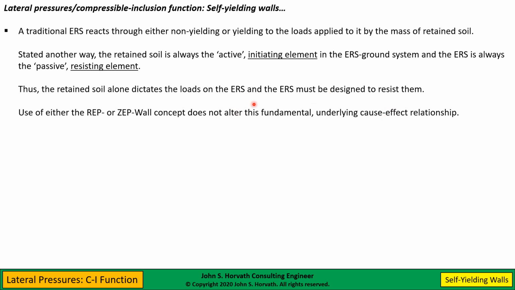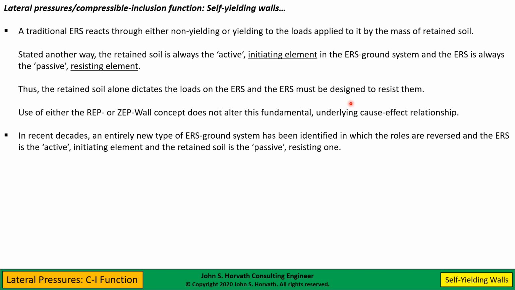Now, it will reduce the magnitude of the loads. Yes, there is a benefit. But in a REP or ZEP wall application, it is still the soil or the reinforced soil that is the initiating element, and the earth retaining structure is resisting those loads. The geofoam compressible inclusion is just affecting the magnitude of the force transmitted to the earth retaining structure.